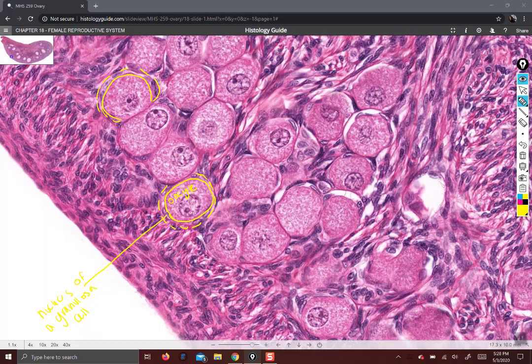All right, so let's show you what happens when these guys perk up and begin to head towards ovulation. I'm going to draw one more of these. So these are primordial follicles.